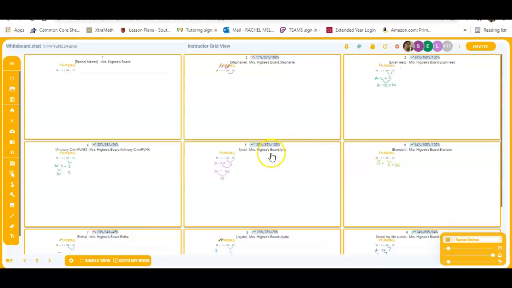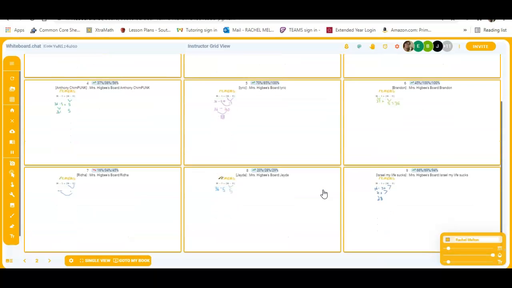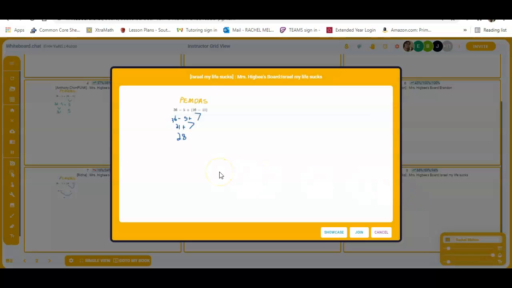Elijah, you might want to check yours there. Lyric, you have to go left to right, so you should do the 36 minus 5 first. Israel, 36 minus 11 is not 7.